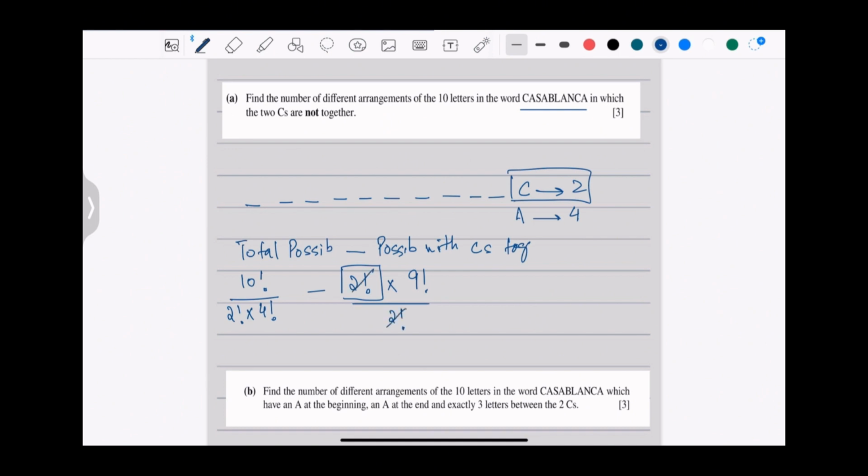This will cancel later on because C is repeated, times 4 factorial.